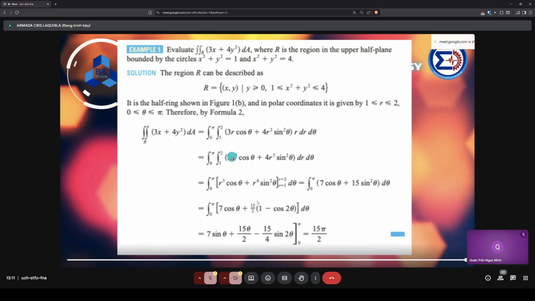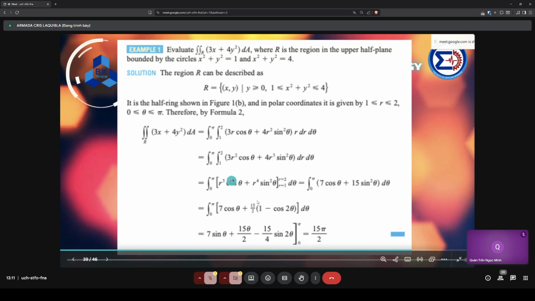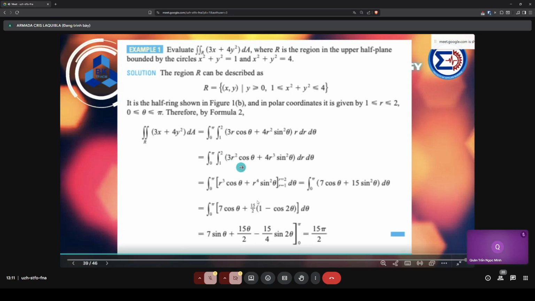Multiply the r first, so this becomes 3r squared cos theta plus 4, and then multiply the r there. It becomes 4r cubed sine squared theta. Okay, now for the integral of your r squared, only your cosine theta here and sine squared theta are considered constant because we are integrating with respect to r first in your inner integral, right?